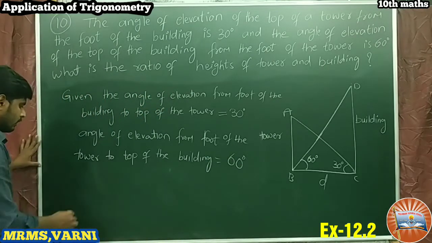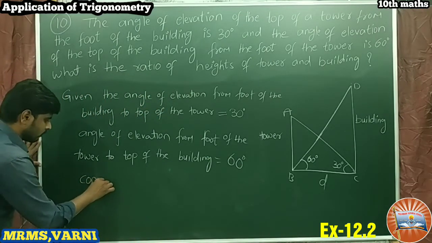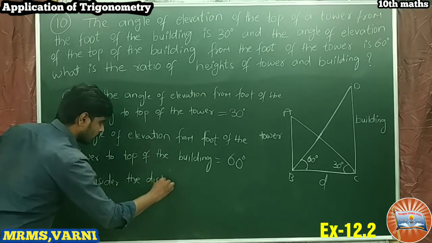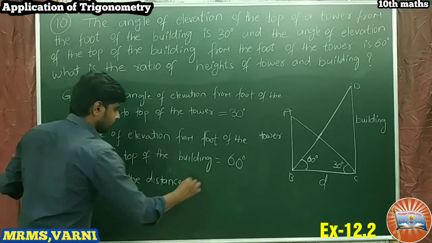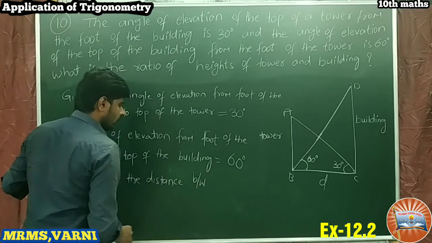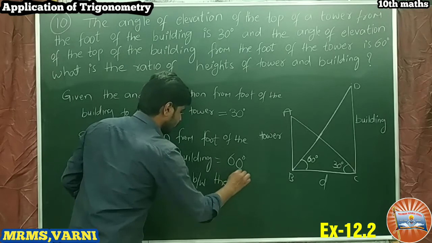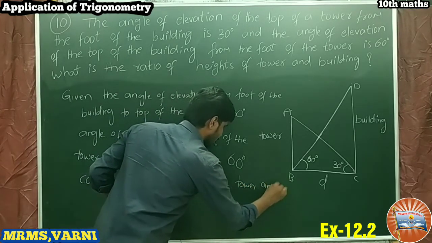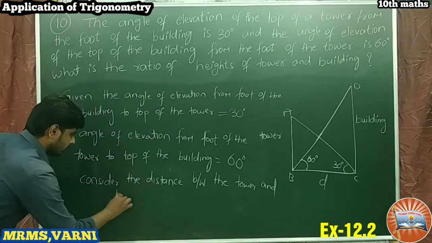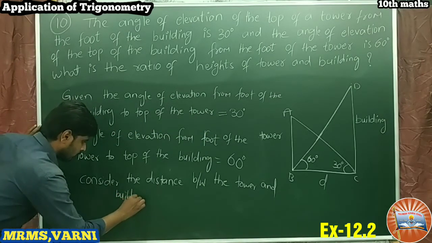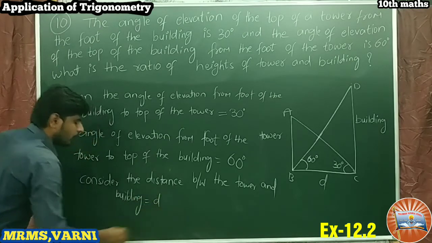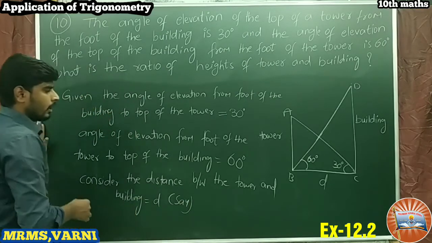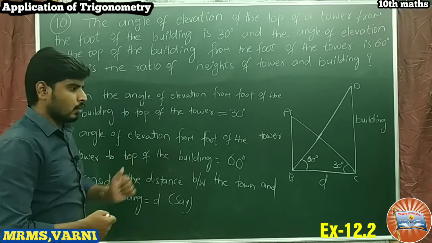Okay, and consider the distance between the tower and building D. Okay, right. So I am going to use the tan ratio first.